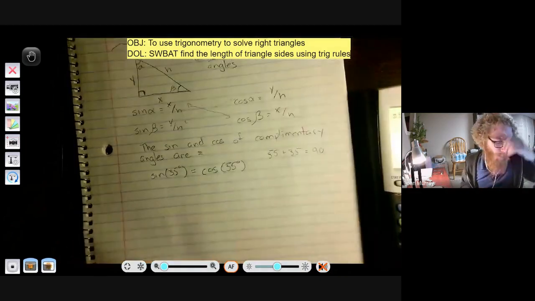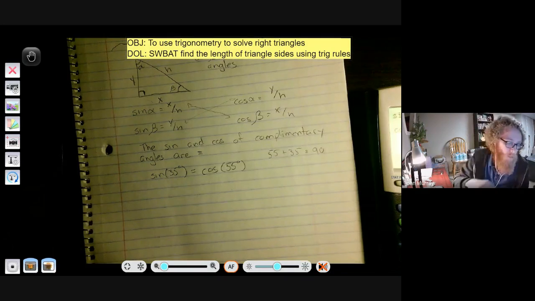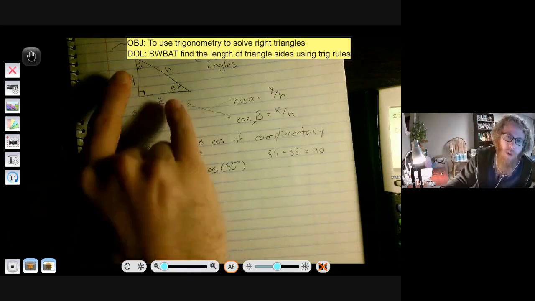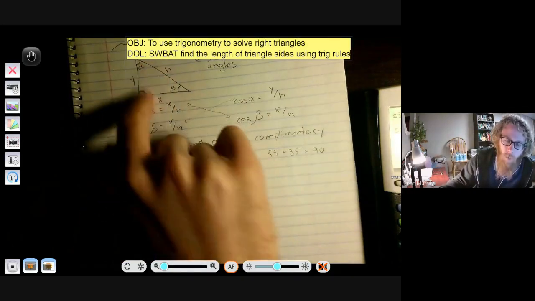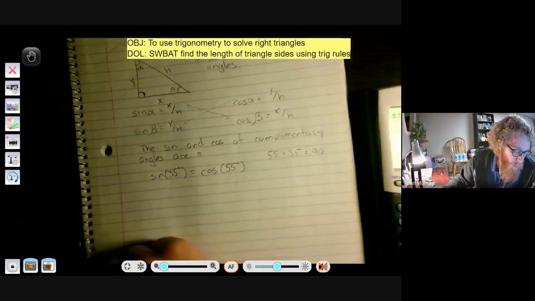And you may have noticed this when I showed you the special angles yesterday and their values, when I gave you that little box of the sine, cosine, and tangent. If we're dealing with 30 degrees and 60 degrees, a 30-60-90 triangle, 30 and 60 are complementary. So the sine of 30 degrees will be equal to the cosine of 60 degrees.